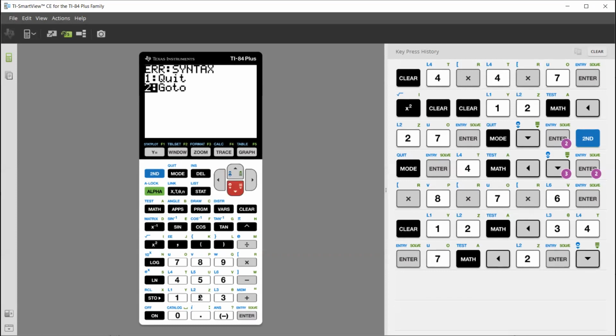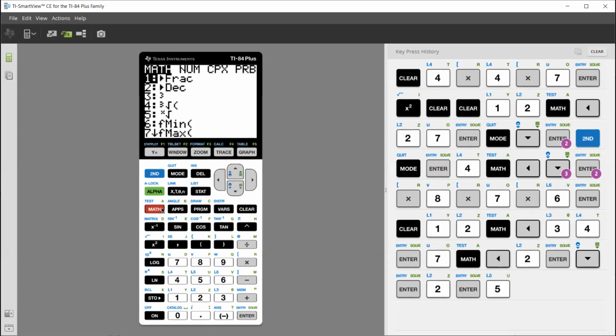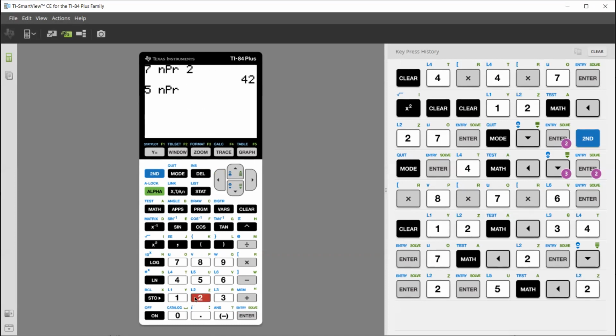Oops, forgot my 2. 7 choose 2, there it is, 42. And 5, math, probability 2. This is 20. Okay.